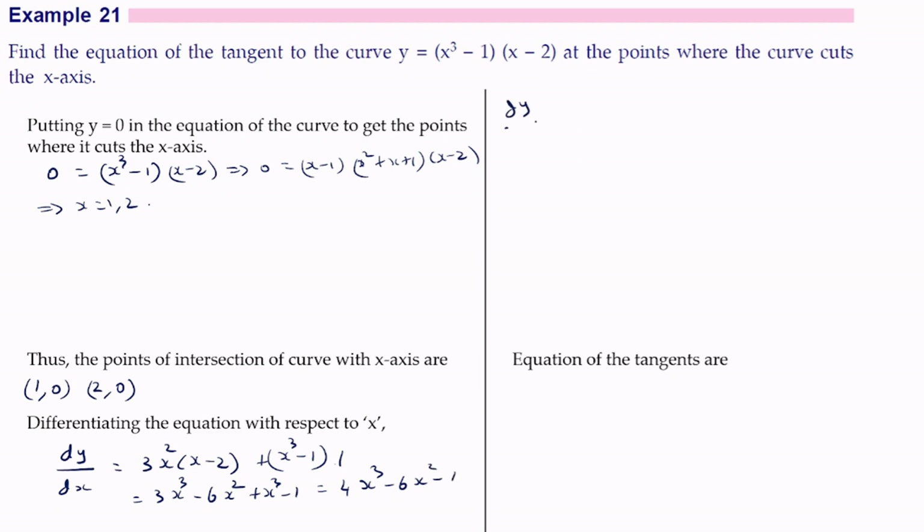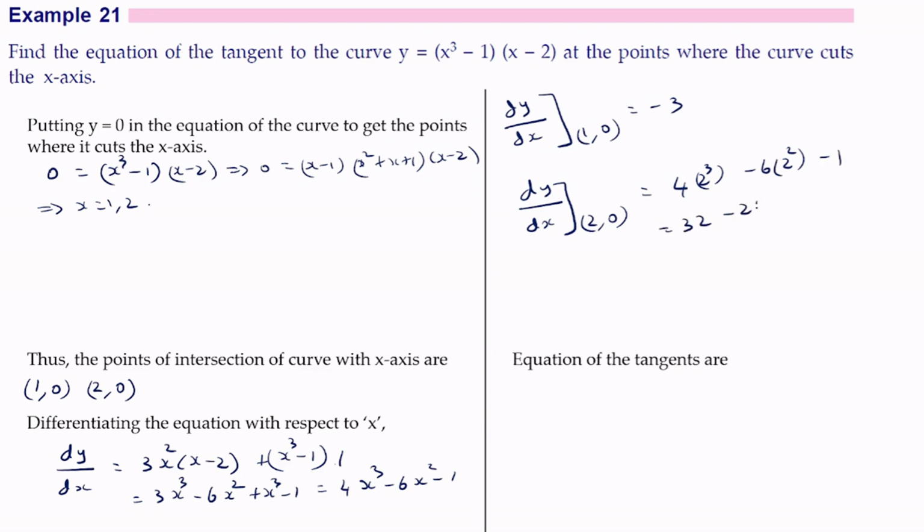Now let us find the slope of the tangent at the 2 points. dy by dx at 1 comma 0 is 4 minus 6 minus 1, which is minus 3. Then dy by dx at 2 comma 0 is 4 into 2 cube minus 6 into 2 square minus 1. So this is 32 minus 24 minus 1, which is 7.